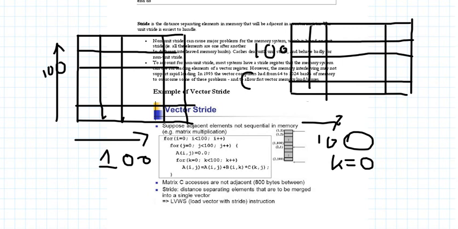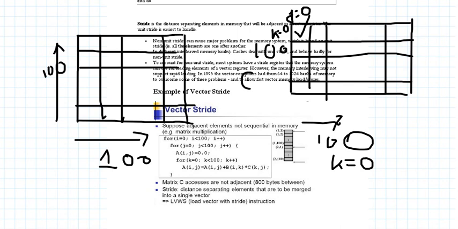You are going to access this element. For this element you have k equals 0, j equals 0, right?